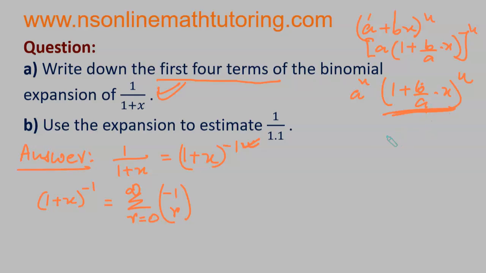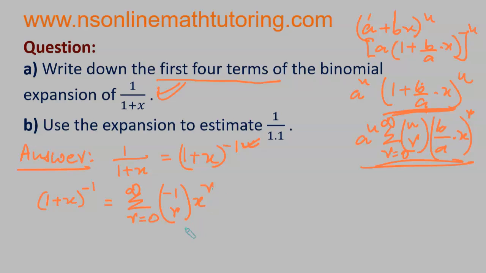So the expansion was a to the power of n, sigma r equal to 0 to infinity nCr, and b over a times x whole raised to the power of r. This was the expansion. And b over a is equal to 1 in our case. So it will be just simple x raised to the power of r.